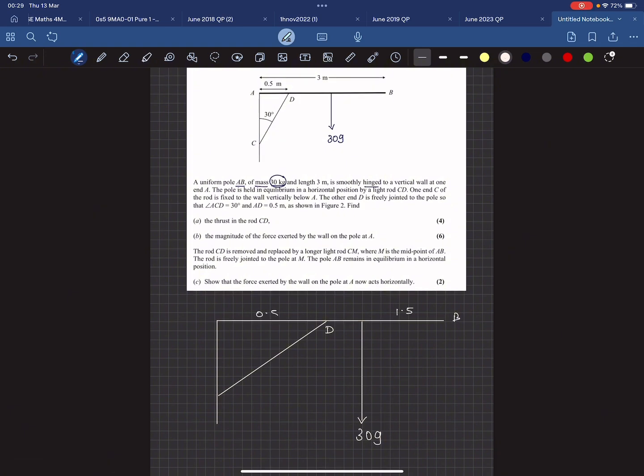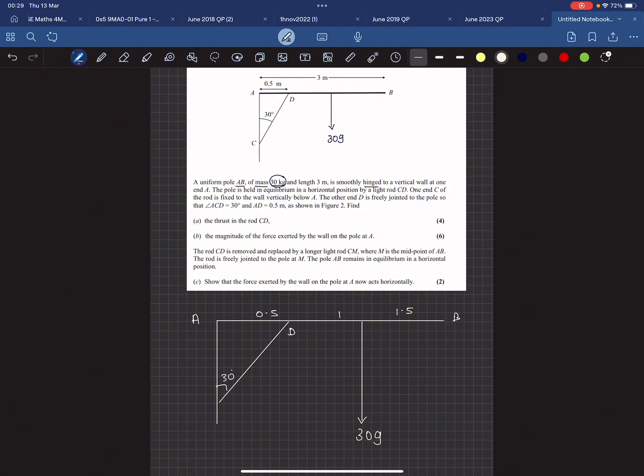This is given as 0.5, so I'm just going to call it 1 here, although it's not a perfect diagram. Let's just mark it here a little bit so it makes more sense. D there, A here, and this makes 30 degrees.